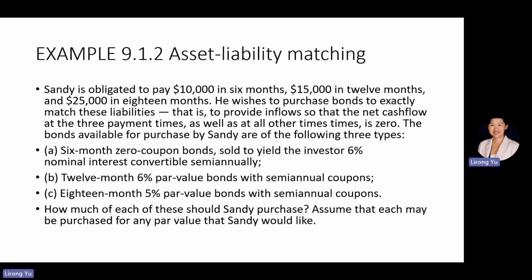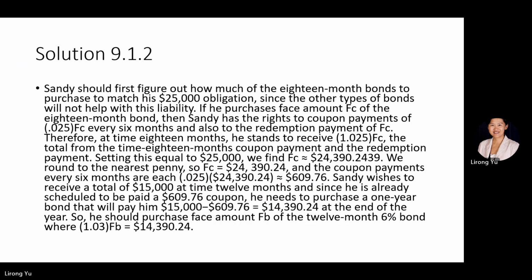A 12-month par value bond with semi-annual coupon, so that could match the 15,000 cash flow we wanted at 12 months. And an 18-month, 5% par value bond with semi-annual coupon. How much of each of these should Sandy purchase, assuming that each may be purchased for any par value that Sandy would like?